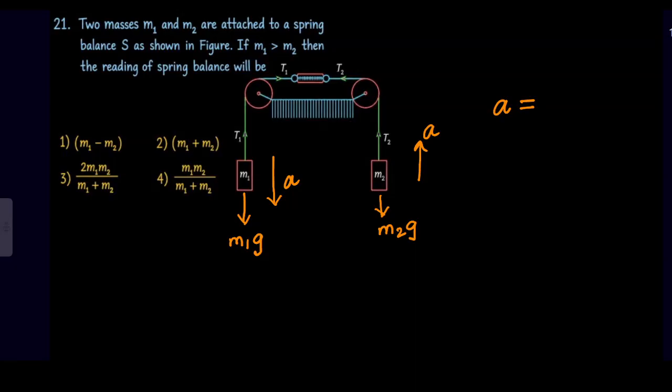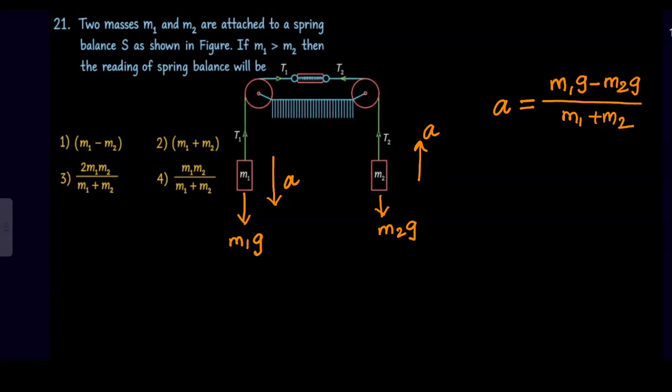While finding acceleration, keep in mind, don't consider tension. So acceleration is M1G minus M2G by M1 plus M2.